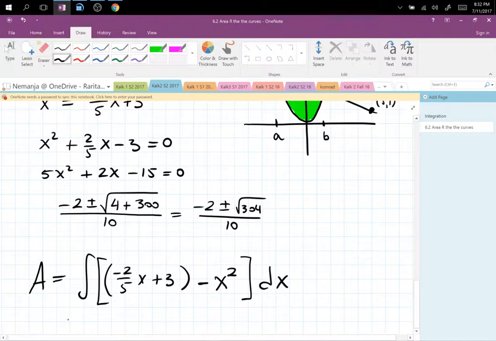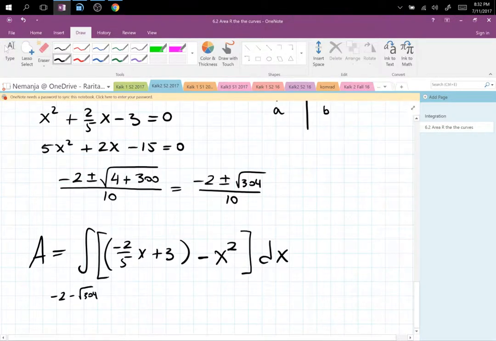And then we have the lower limit, negative 2 minus root 304 over 10, and the upper limit is negative 2 plus root 304 over 10. And all of this is equal to a number at the end, which is the area. And we're done.